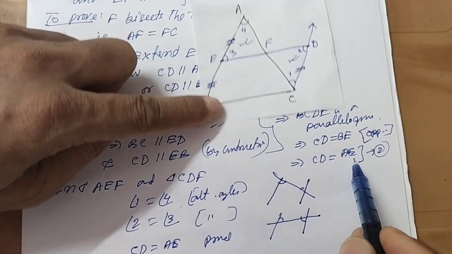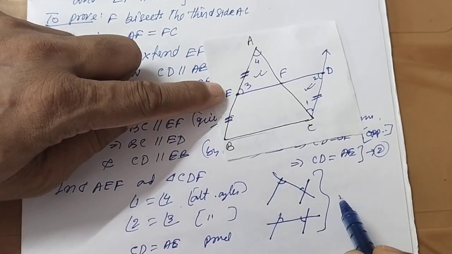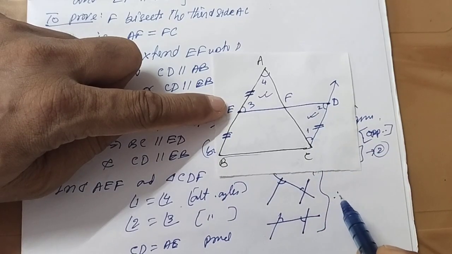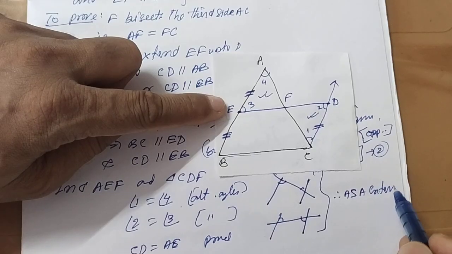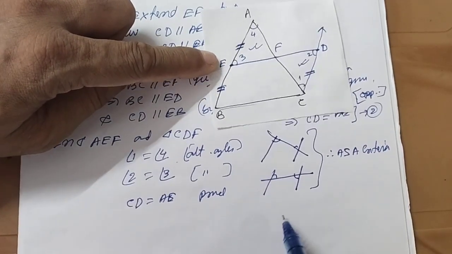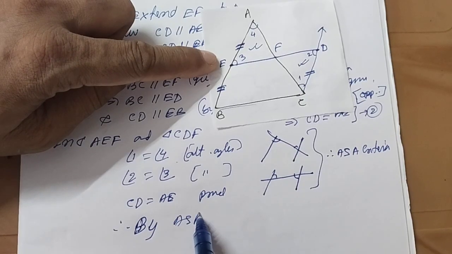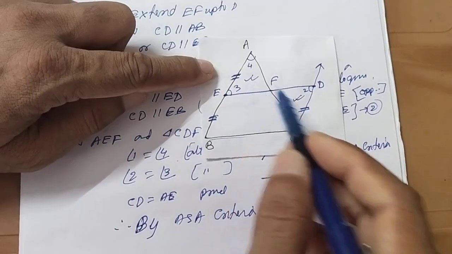So we are getting the angle side angle criterion. Therefore by the angle side angle criterion, we can say these two triangles are congruent.